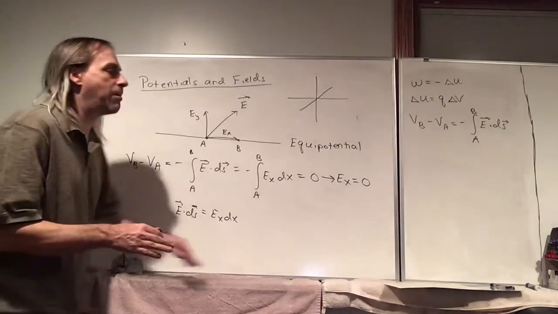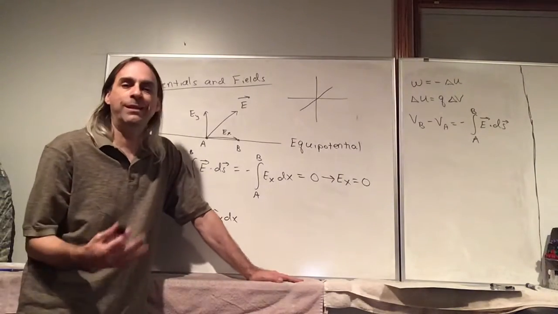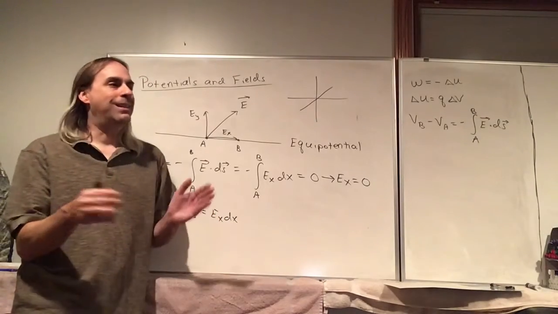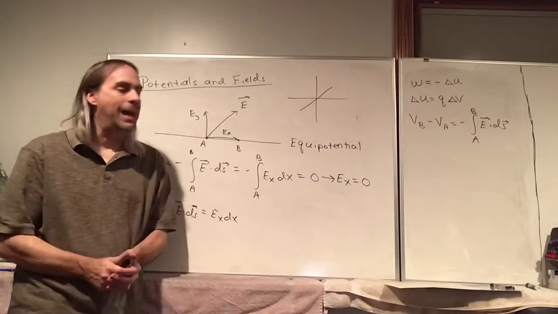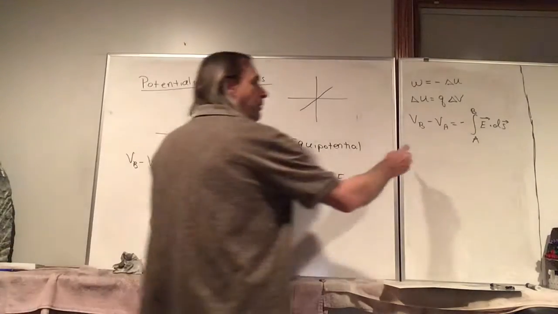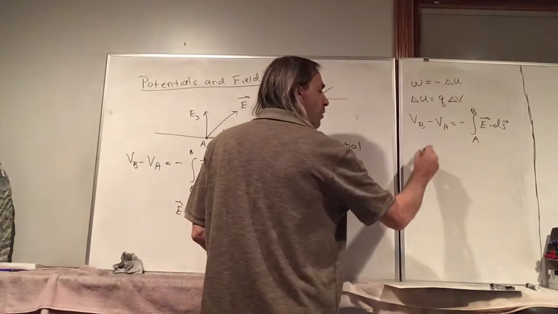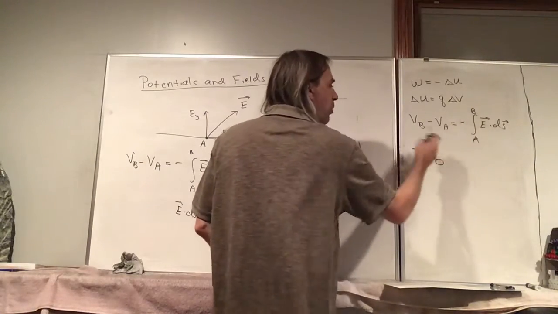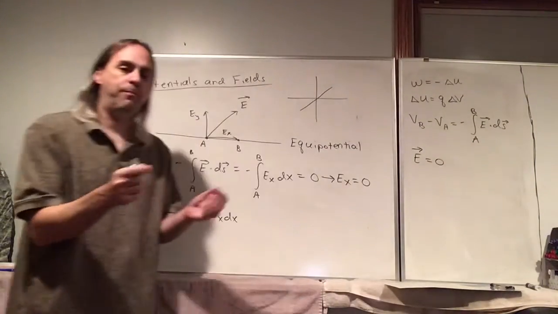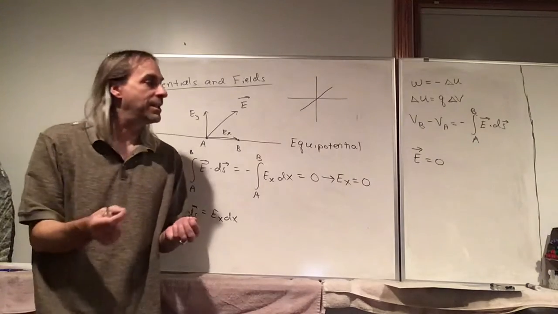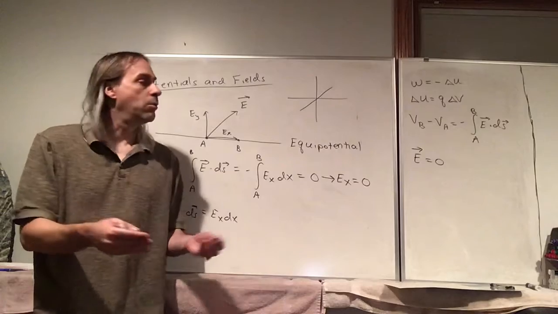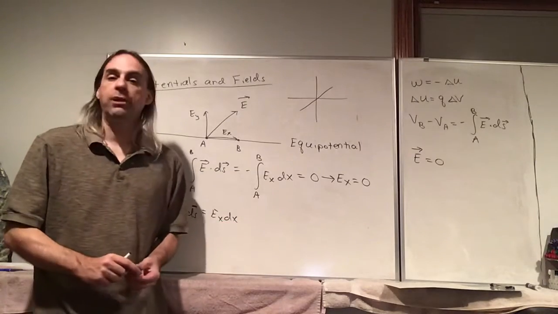One example we'll talk about later of an equipotential is a conductor. I mentioned earlier that in a static case, inside a conductor, the electric field is 0. So if you have a region where the electric field is 0, then this integral is 0, and if points A and B are any points inside the conductor, then VB minus VA is 0. Those two points are at the same potential.